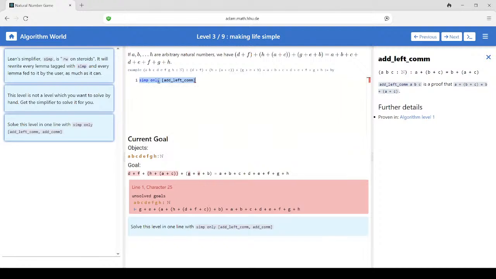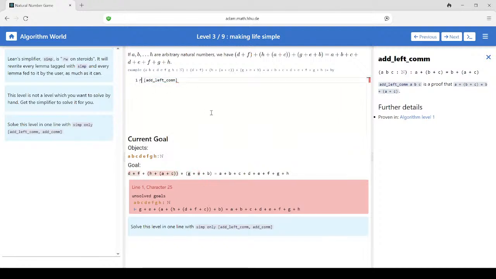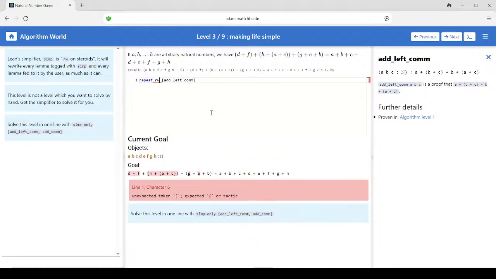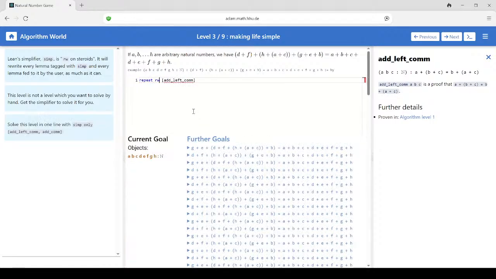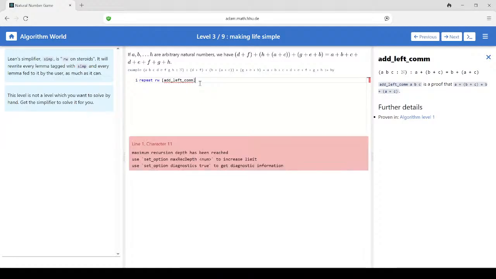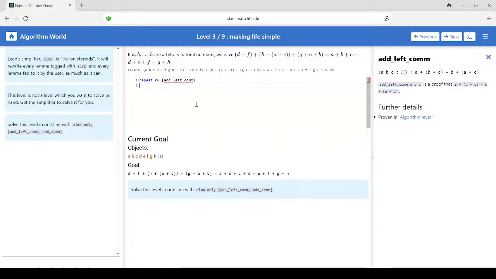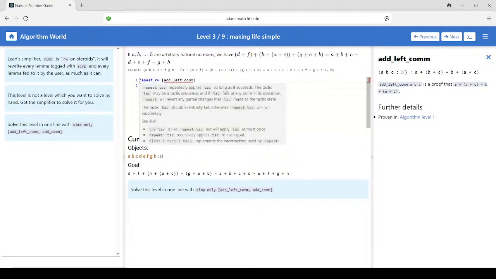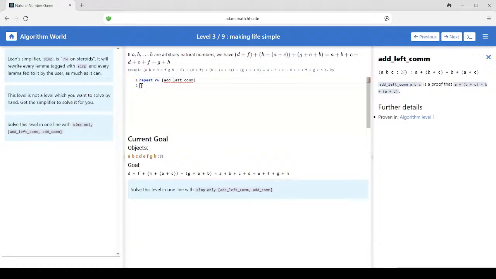If I just do that, it didn't do anything.